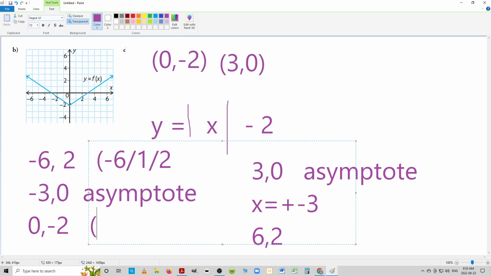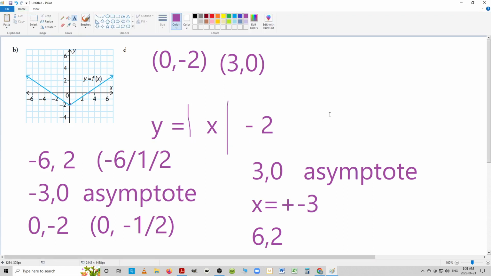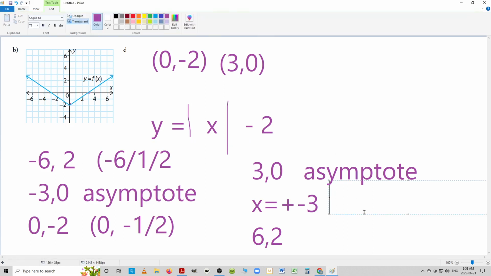Then over here, it's going to be at 0 over -1 over 2. So it's positive y values to the left of the asymptote, negative y values to the right. And then over here, that's going to be an asymptote. And then over here, I'm going to have 6, 1 over 2 again.